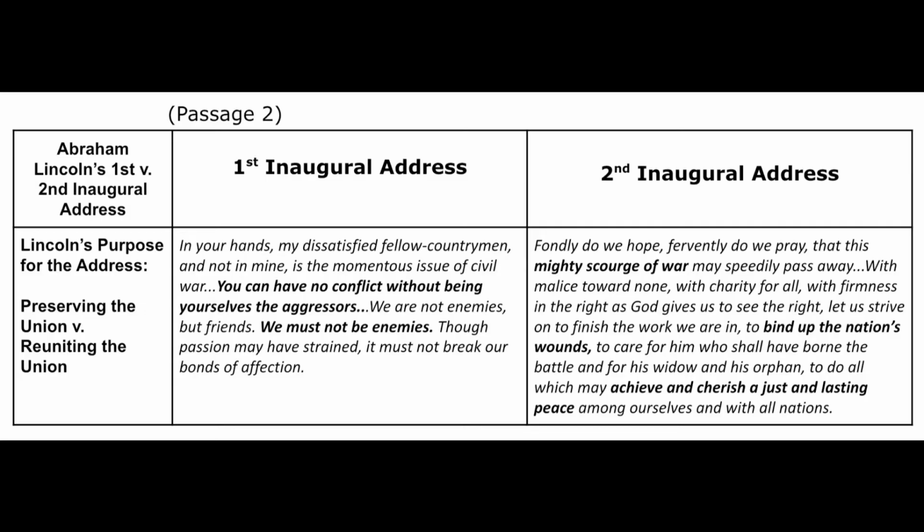With malice toward none, with charity for all, with firmness in the right as God gives us to see the right, let us strive on to finish the work we are in, to bind up the nation's wounds, to care for him who shall have borne the battle, and for his widow and his orphan, to do all which may achieve and cherish a just and lasting peace among ourselves and with all nations."